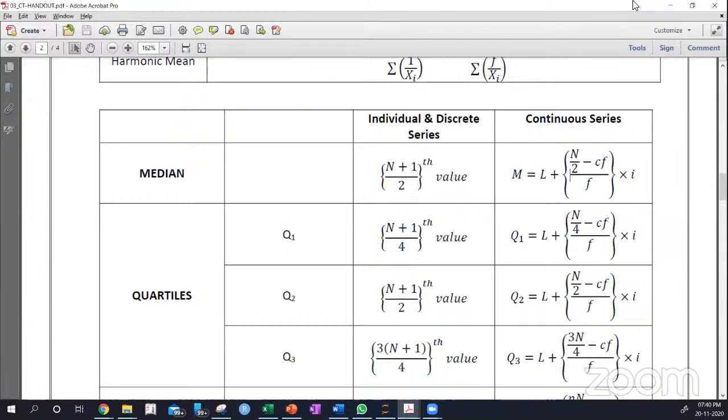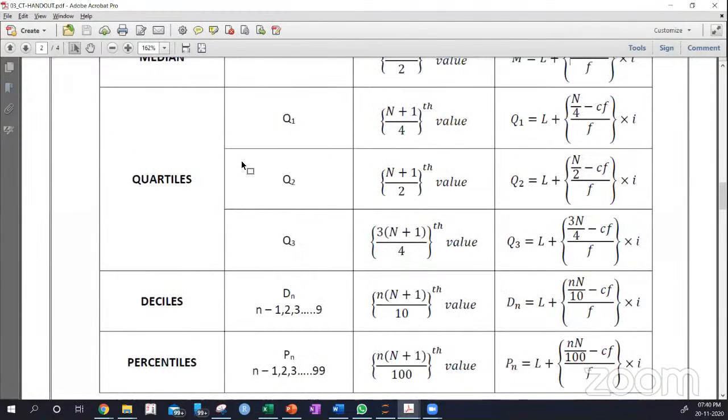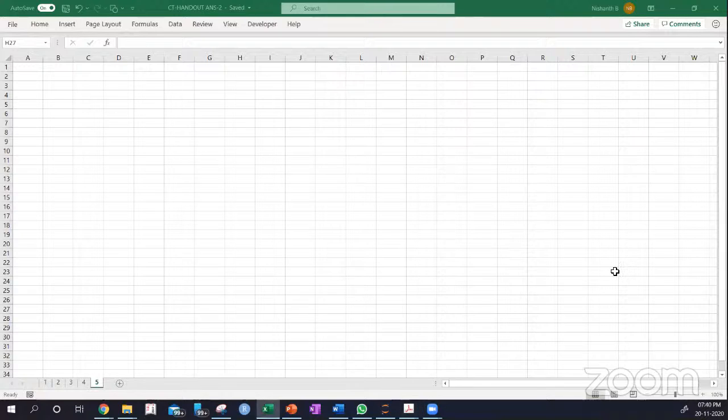Okay, so this entire thing, median, quartile, decile, percentile, they are called partitional values. So what are partitional values? See, for example, one second.